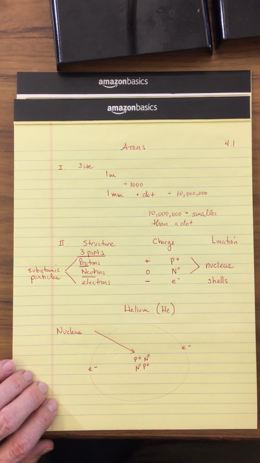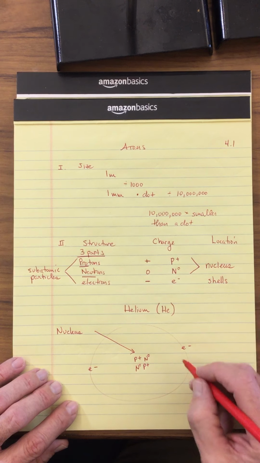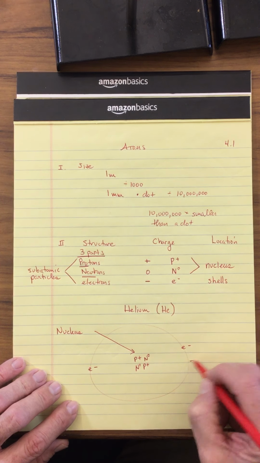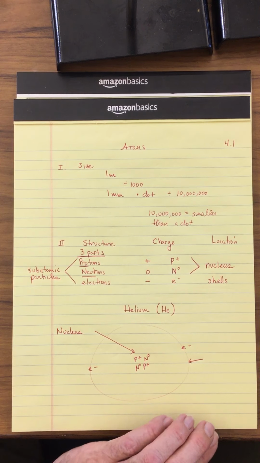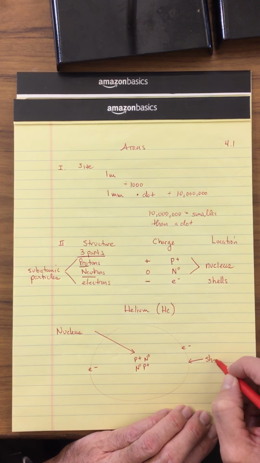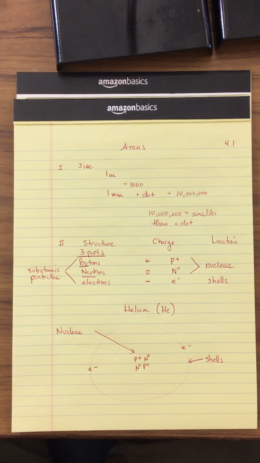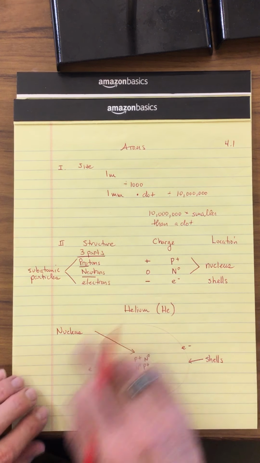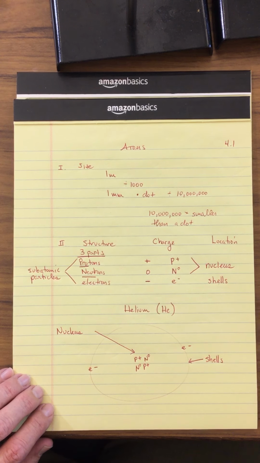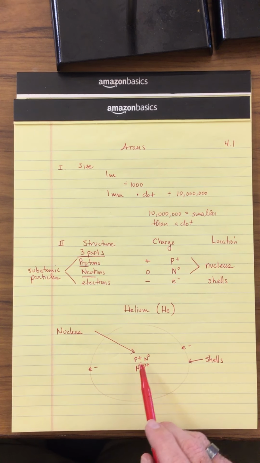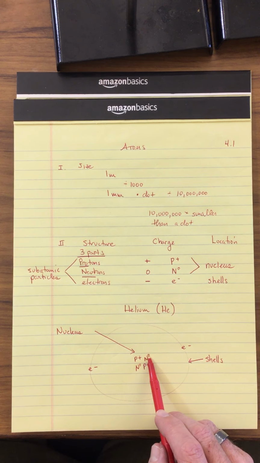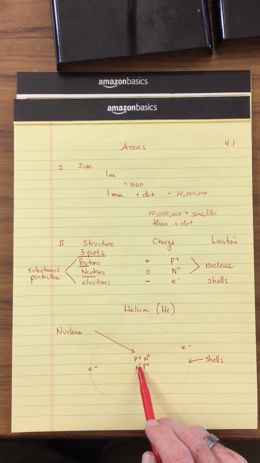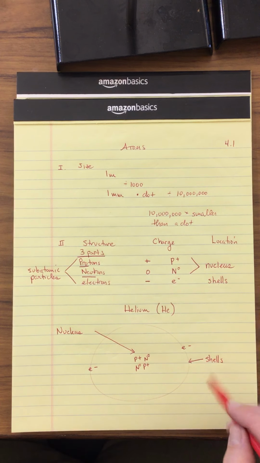The nucleus is the center, and the electrons are going about the outside of the atom in what are called the shells. So this shows the structure of an atom. This is one atom of helium, and we can see our 3 subatomic particles: our protons with a positive charge, our neutrons with a neutral charge or no charge, located in the nucleus, surrounded by the electrons that have a negative charge, and those occur in what are called the electron shells.